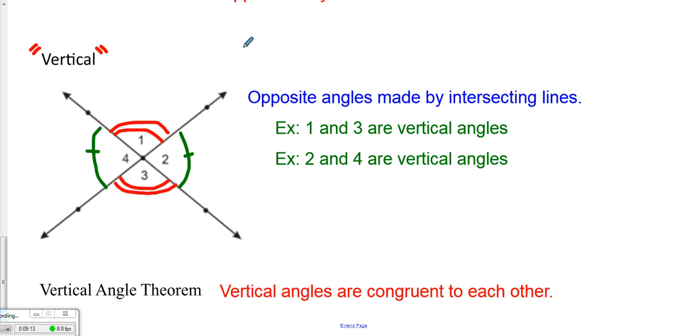So if I were to come by and say, I measured this and this is exactly 120 degrees, well then you would know, oh, this one is also 120 degrees. It has to be because vertical angles are congruent to each other. Again, might be something you knew from before, but just something we have to go over. These are called vertical. Because of our theorem, we know that they are going to be congruent.